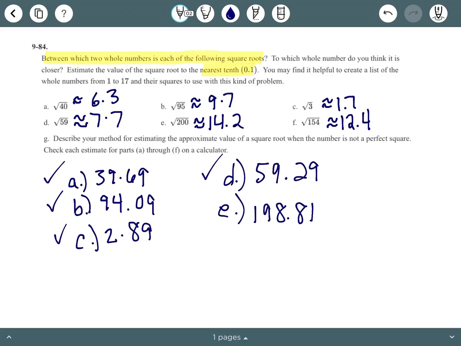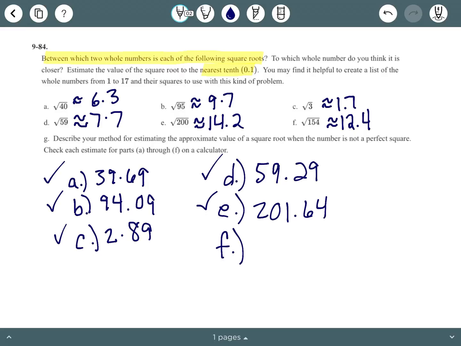Squared, it gives me 201.64, which is a teeny bit closer. So I'm going to switch over to 14.2, which does give me that 201.64. Now it's ever so slightly closer. 14.1 would also be really quite close.